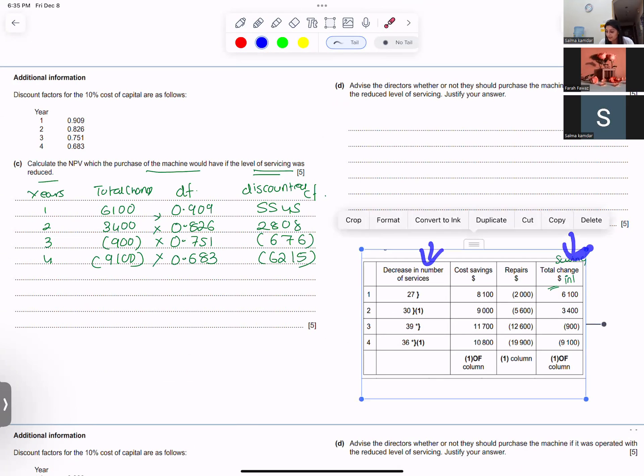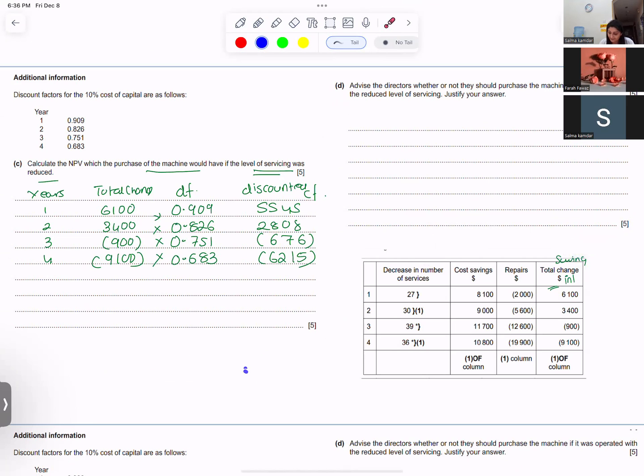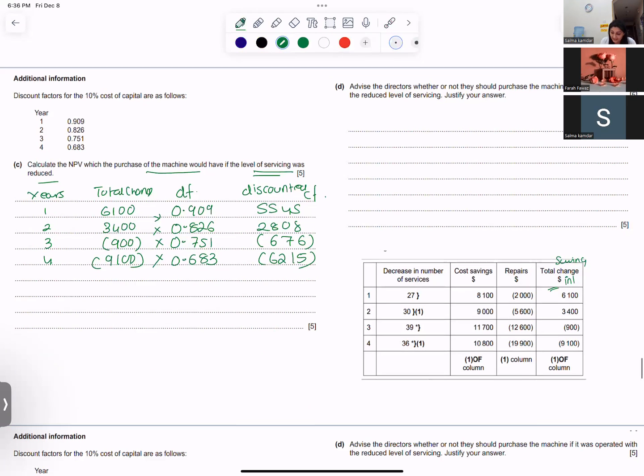So what is the present value of that savings? The present value of that savings is 1462. That means my NPV will increase by 1462 when I do these savings.